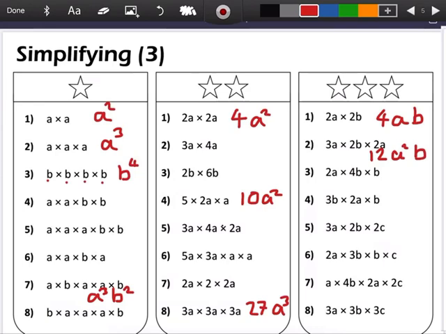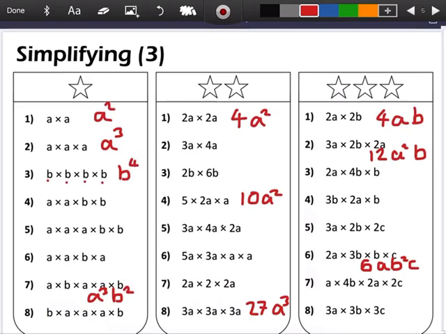Just pick out one of the harder ones from towards the bottom, so let's have a look at question 6. 2a times 3b times b times c. So the numbers 2 times 3 is 6. A times b times b times c, so it's a b squared because of the b times b, c.